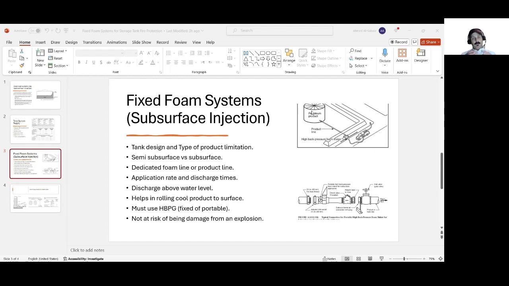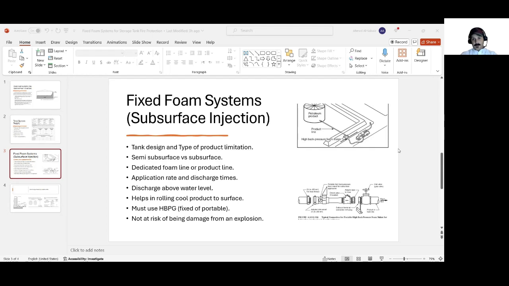It's not going to come in contact with the actual liquid. However, it will go through the duct that is inside the tank, and it will float because of buoyancy, as the foam contains a little bit of air, and it will float when foam enters, and it will allow foam to be delivered at the top of the tank.